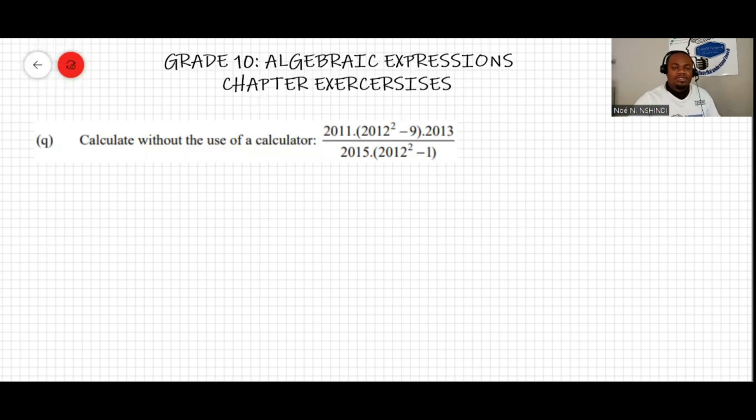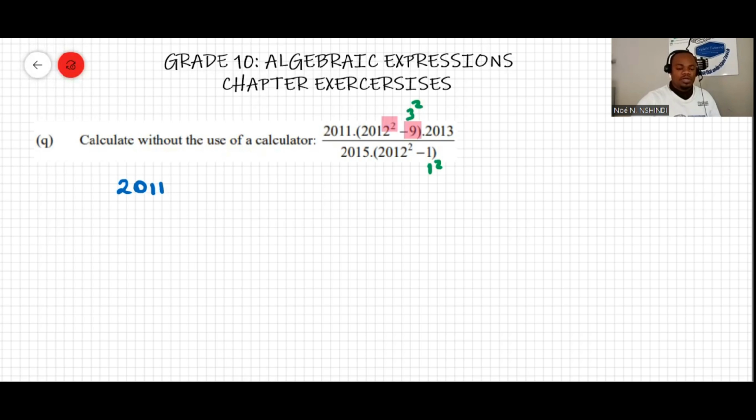Well, the question says calculate without the use of a calculator this expression we see there. I can write 2011 multiplied by 2012 minus 9 can be written as, we can apply difference of two squares here. It's just because this is a square, and then 9 is also a square number. It's like 3 squared. Same also, 1 is like 1 squared.